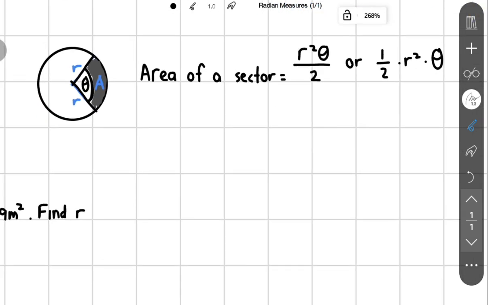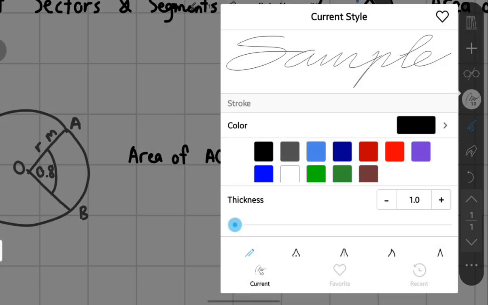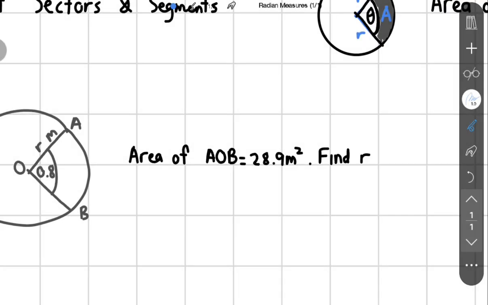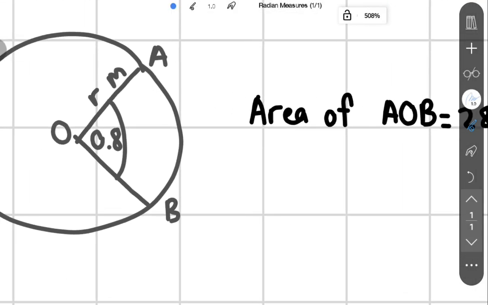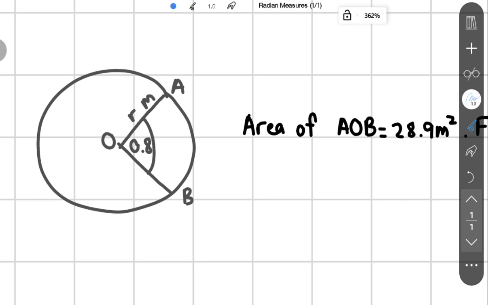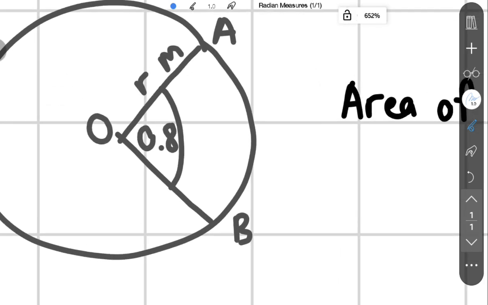Let's solve a quick question on it so we could grasp it even further. Let's say we have the area of AOB. It's basically this sector where the angle subtended from the center to the two points on the circumference is 0.8 radians.